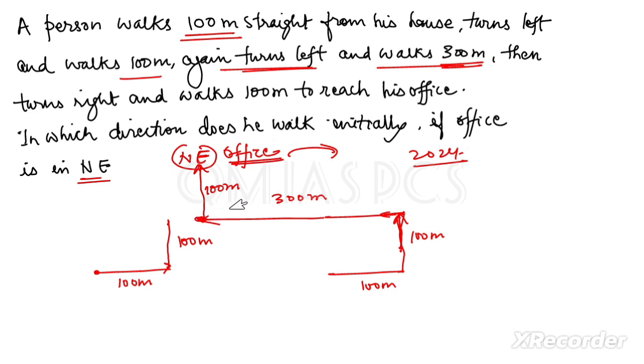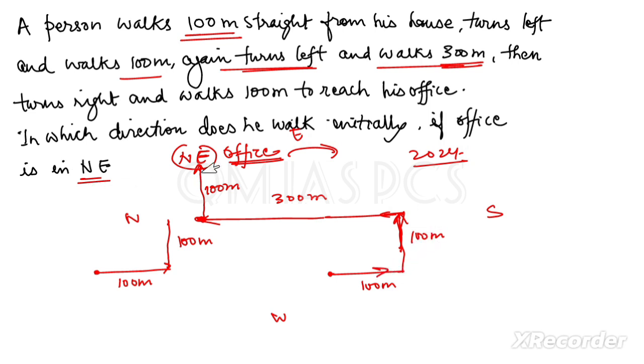Then you will see this is north, this is east, this is west, and this is south. When you rotate this diagram, you will find this is east, this is west, this is north, this is south. And then you can say that initially that person is moving towards south. This is the first method.